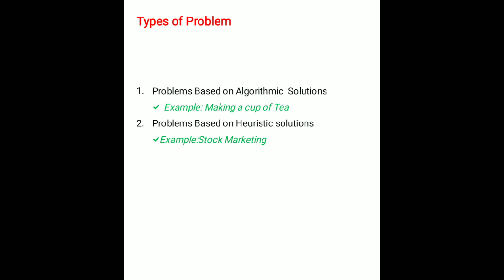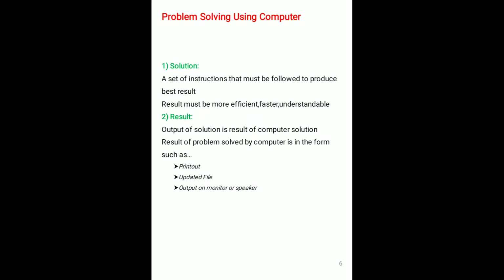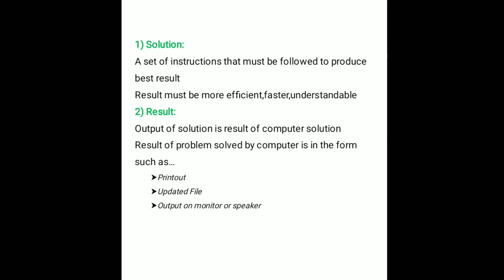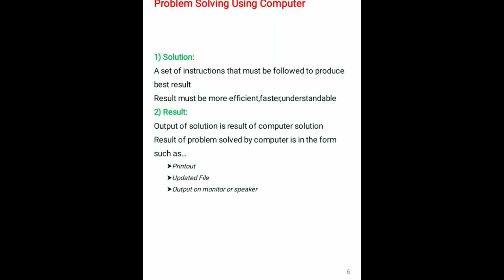So in that case, we have to make so many calculations: historical value, current value, opening value, closing value, average value for a day for a particular share, and only then can we predict that tomorrow the share value may be this much. So the problems based upon this kind of solution are called problems based upon heuristic solution. Now we have to solve the problems by using a computer.